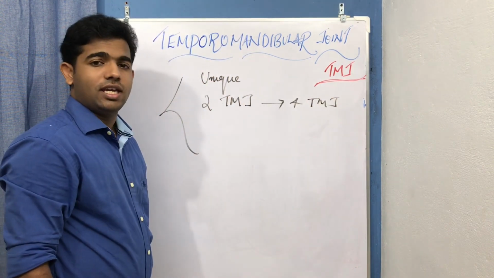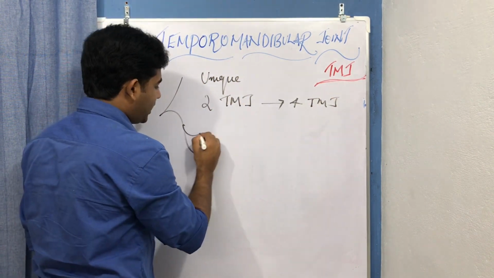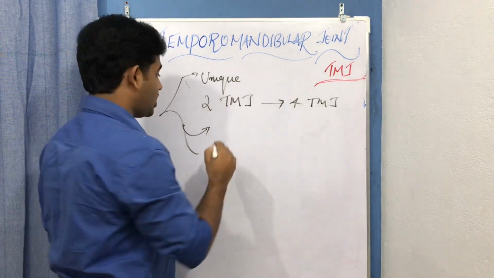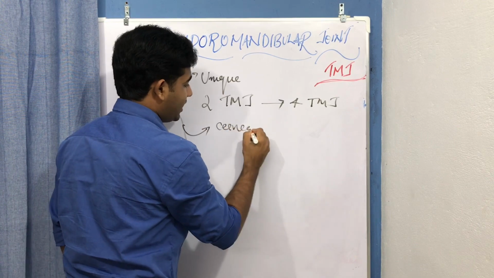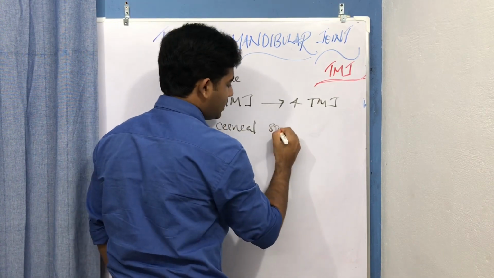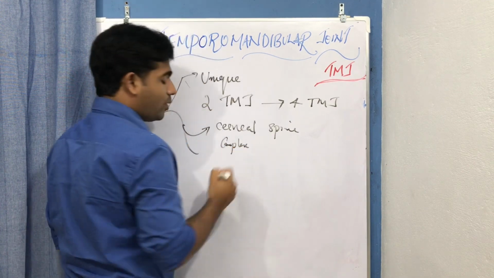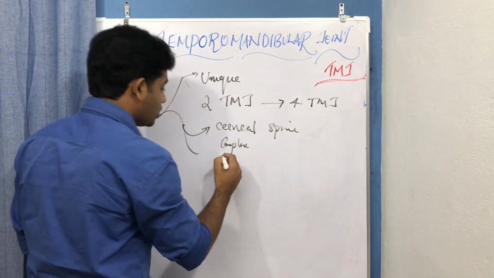The other peculiarity of the temporomandibular joint is that it is highly related to the cervical spine. Why is it important? It has complex function, and it requires continuous and full range of motion.